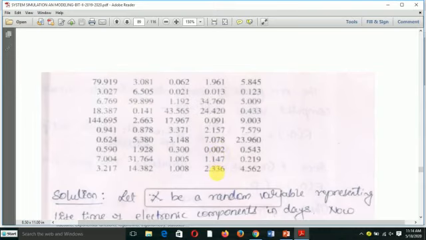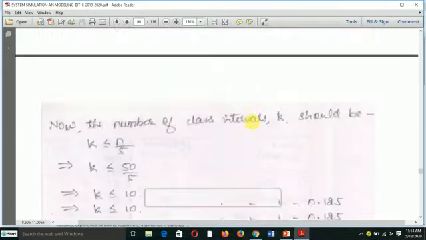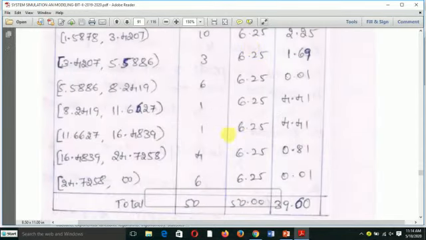So you have to check. But in the last column, I can find only 9003. So 9003 is in between 8 dot some value and 11 dot some value. So only we are having one element. That is why the frequency here is 1.